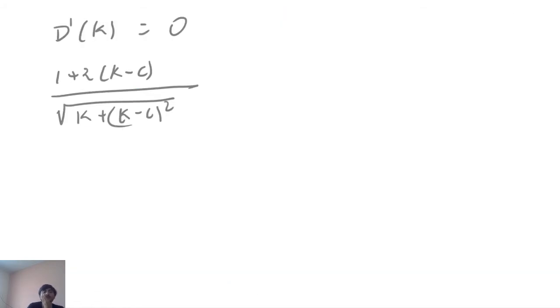Now this we can put equal to 0. So this will give you what? The denominator will go and multiply with 0, that will become 0. So the final thing is what? 1 plus 2 into (k minus c) will be equal to 0.